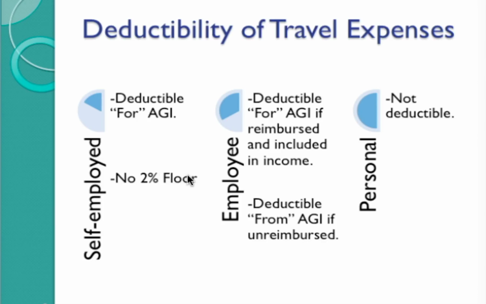As an employee, they're deductible for AGI only if they're reimbursed and the reimbursement is included in income, similar to the discussion we just had of reimbursed employee expenses. If they're unreimbursed, they're deductible from AGI, but subject to the 2% floor. And finally, if they're considered personal travel expenses, obviously no deduction is allowed at all.